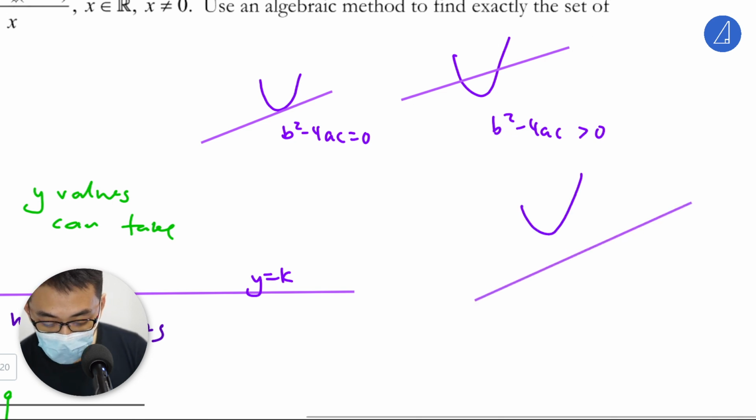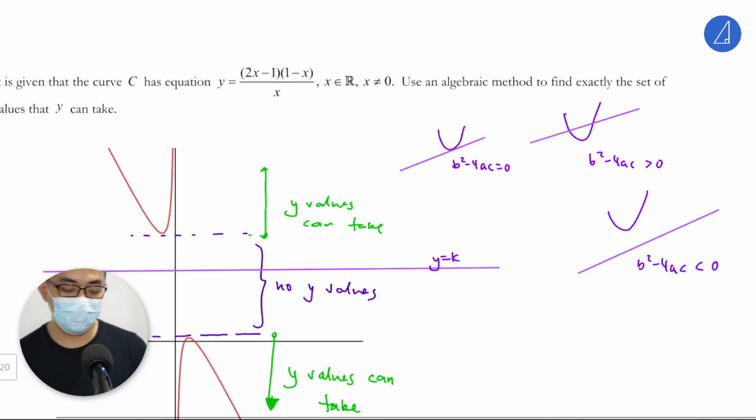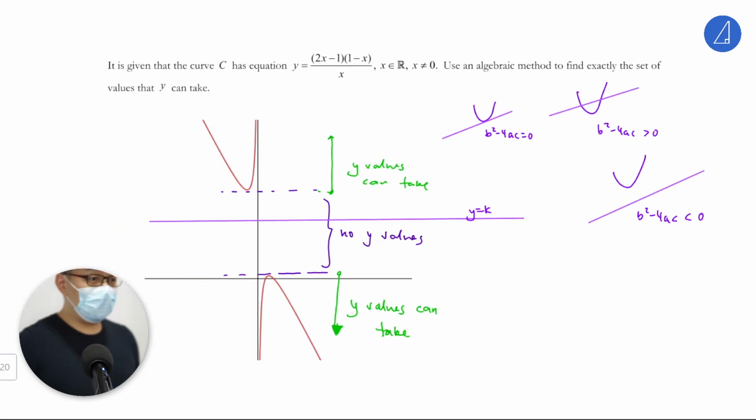Now, before that, when can we use b squared minus 4ac? Is it always the case you can use b squared minus 4ac? This is important because some of the questions you may not need to use b squared minus 4ac, but this one it's sort of like a cheat way. I tell you before you even reach the destination. When do we use discriminant? This one you must be able to answer. When can you use this discriminant?